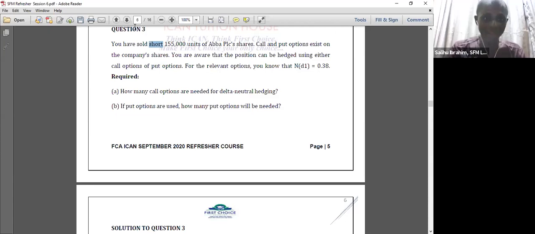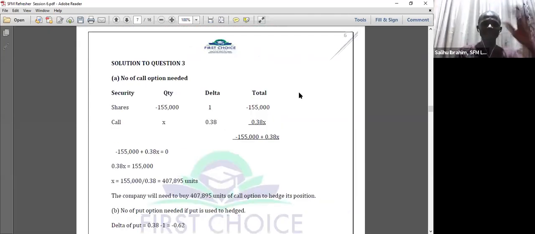Because the client told me short position, it means it's sell. My figure will carry negative. Don't forget, I said sell is negative, buy is positive. The moment you hear short, the figures will carry negative. And this is my delta of call. So let's go to how we use the call to hedge.